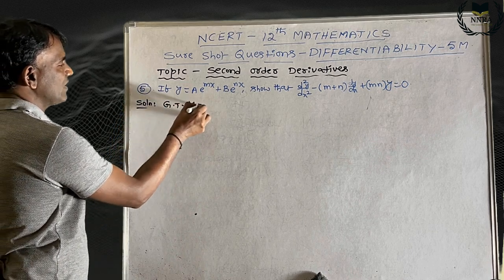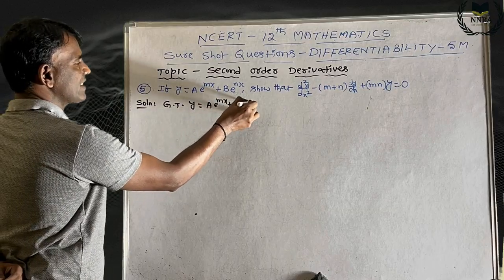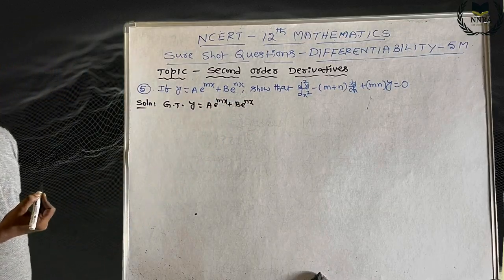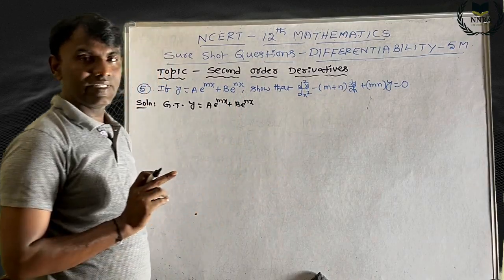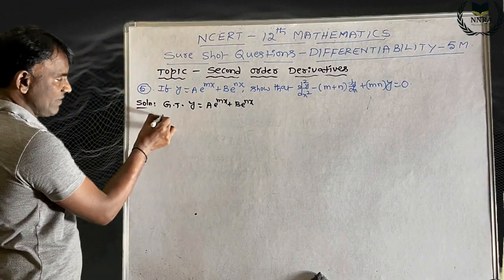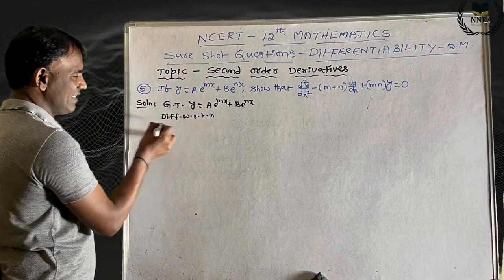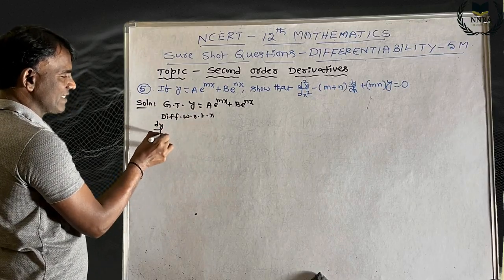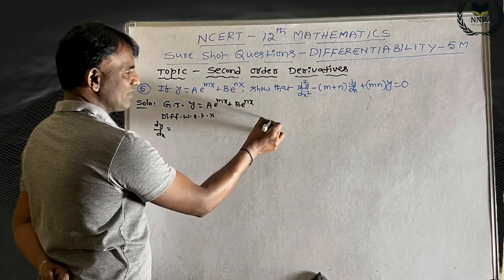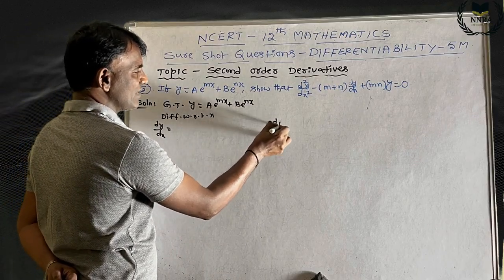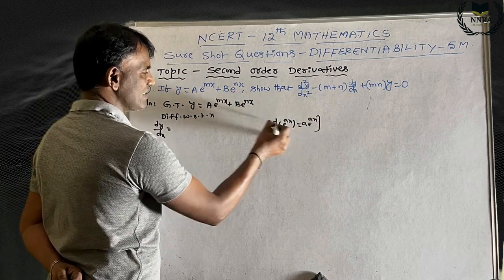Y equal to a into e power mx plus b into e power nx. In this also we find dy by dx, then d square y by dx square. So first differentiating with respect to x, right? And it is dy by dx equal to, now what is the formula of d by dx of e power ax? a into e power ax.